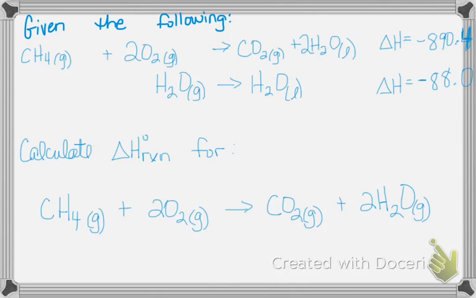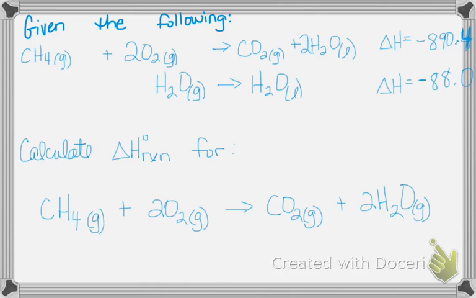So if you think back to when we did those spectator ions, remember that? If it was the same thing on the reactant side and the same thing on the product side, we could cancel them out, couldn't we? So if I can put these waters on opposite sides, I can cancel them out. So what I see, if I want these H2O liquids to cancel, why not just flip this bottom equation?